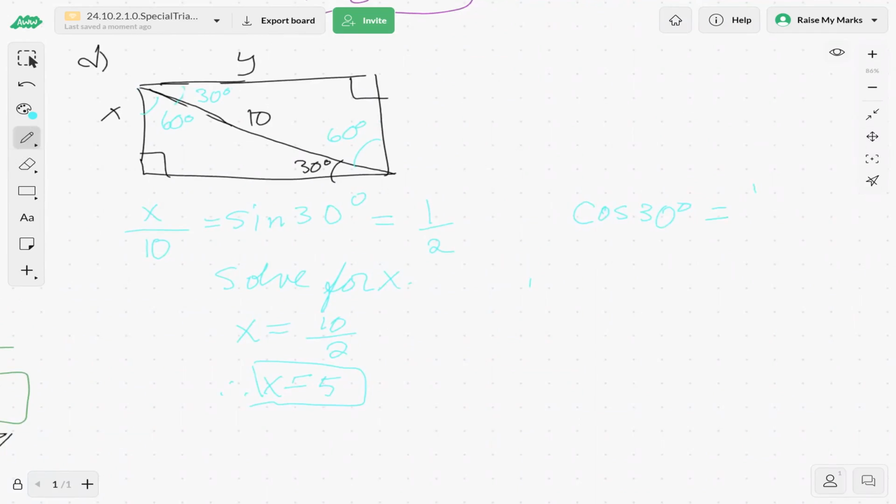So adjacent is y over hypotenuse 10, and the cosine of 30 degrees is actually root 3 over 2. Right now we're going to solve for y. Let's cross multiply, so we have 10 times root 3 over 2 equals y. Cancel out a factor of 2 from the 10, we're left with y equals 5 times root 3.